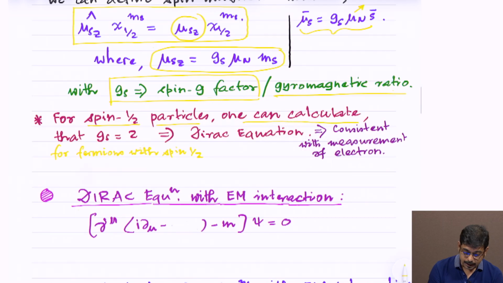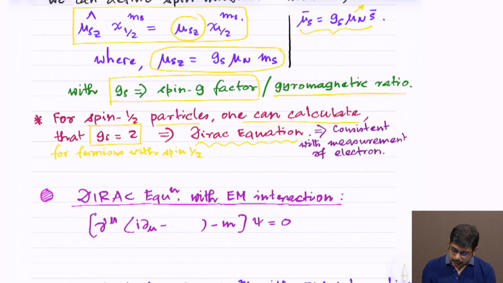Now, the interesting point is that for spin half particles, or for fermions essentially, one can actually calculate that this g s at the tree level is identically equal to 2, and this follows basically from the Dirac equation. And so, this is an interesting and important consequence, and we would like to verify this property for all the fundamental fermions, so to say, whether the g s is exactly equal to 2 or not, right.